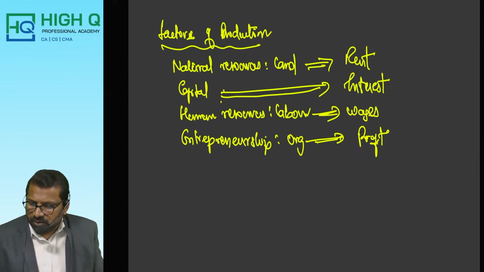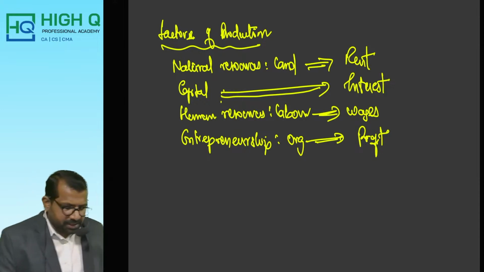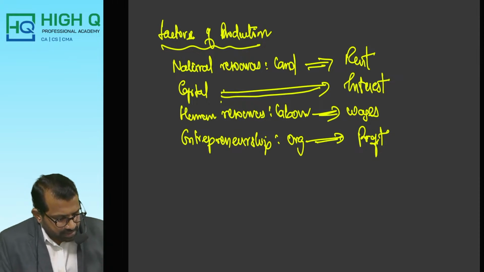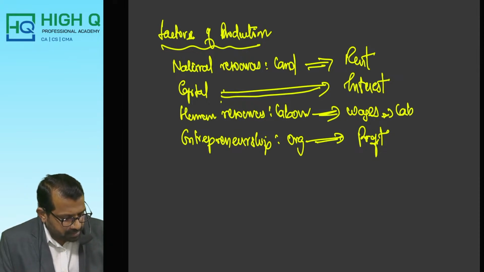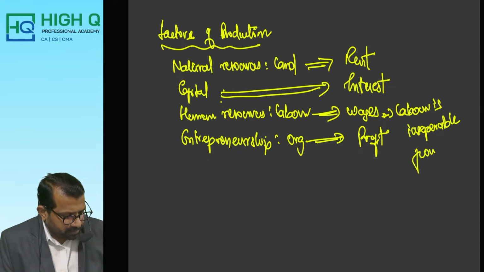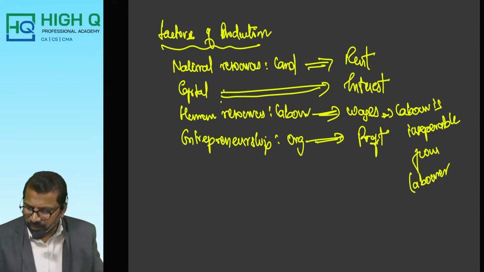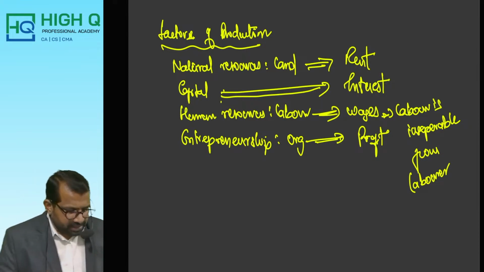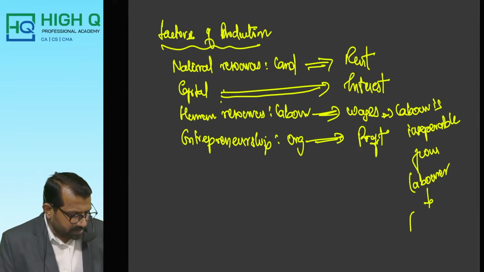Especially they will ask questions on land as well as labor. Labor is inseparable from laborer. It is the first important question for this point. Another one is labor is perishable.